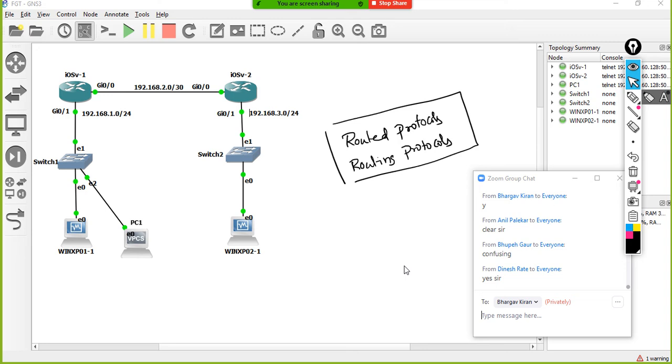Inside the routing table, you have routes for different destinations, right? And who is going to carry your data? Your routed protocol carries your information, like IP. Your routed protocol is IP, right?